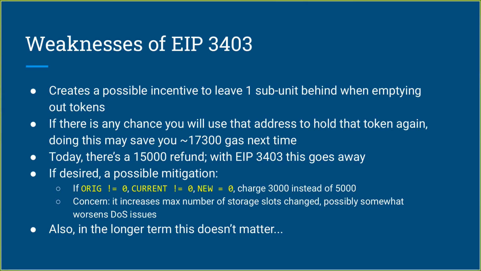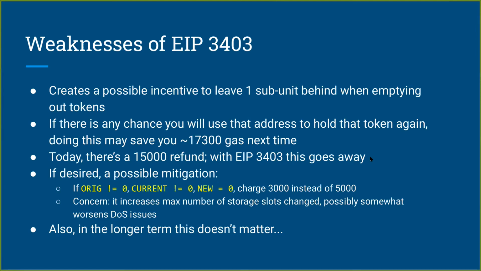But if you think there's maybe a 20% chance I'm going to want my wrapped Doge back tomorrow, then if there is even that chance, it makes sense to leave one tiny speck of dust behind, so that if the balance in your account does fill up again, instead of being charged the higher amount of gas for storage expansion, you're only charged the smaller amount of gas for storage modification. Does that make sense? That makes sense.